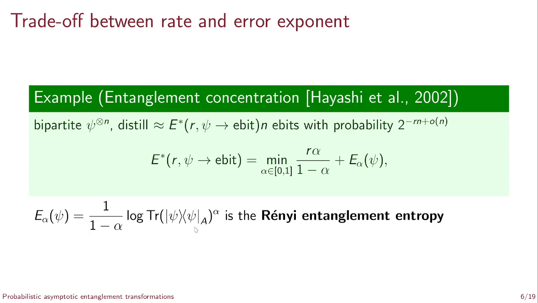We take the projection onto psi, and take the marginal on the A part, and raise to the alpha power, take the trace logarithm and divide by 1 minus alpha. So these Rényi entanglement entropies enter the formula for this trade-off curve.